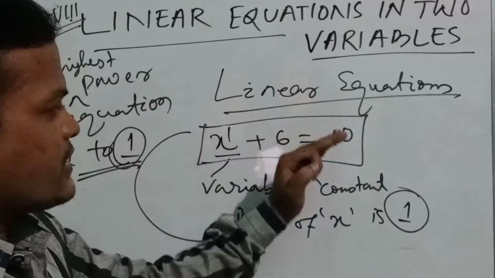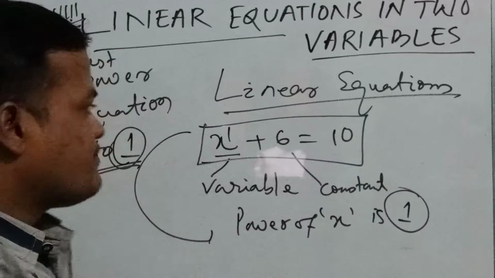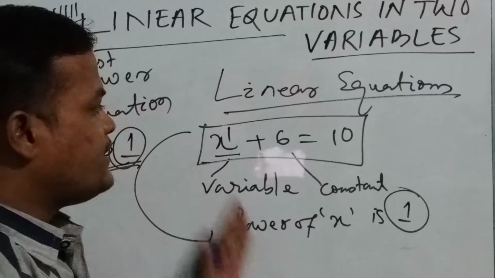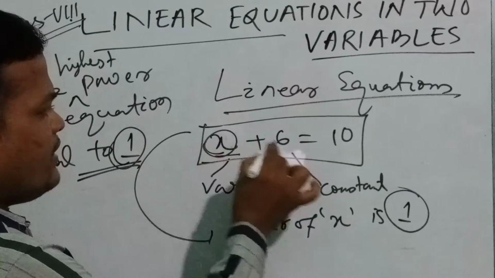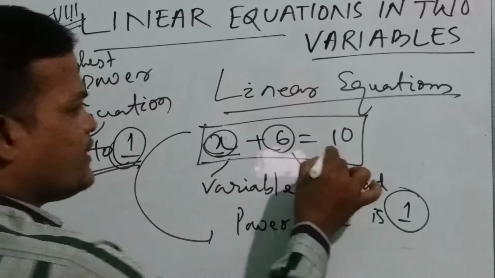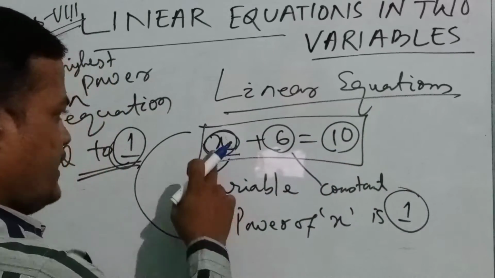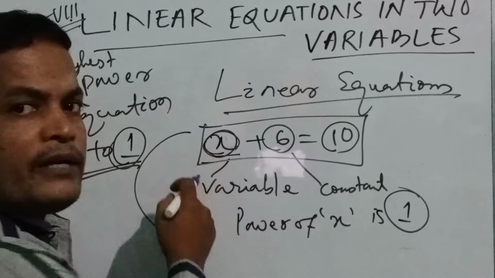But in this case, we are putting 1. Means in this question, x plus 6 is equal to 10 gives rise to what? The power 1. So it is called a linear equation. Now see, in this case, this is called the variable and this is called the constant. How many variables are there? Only one variable.